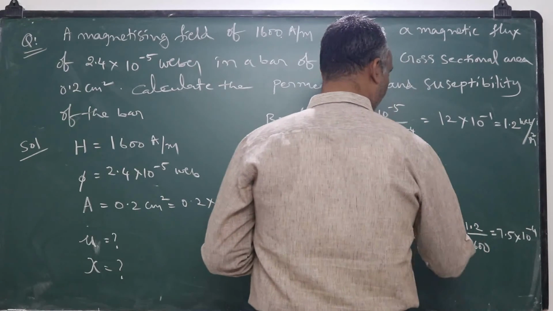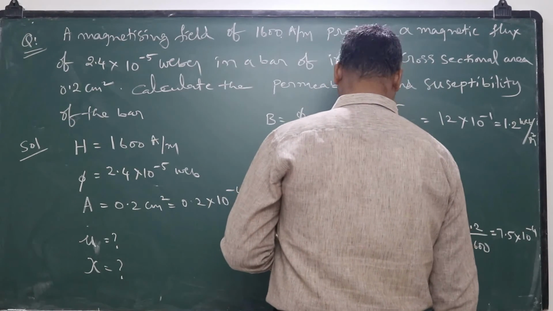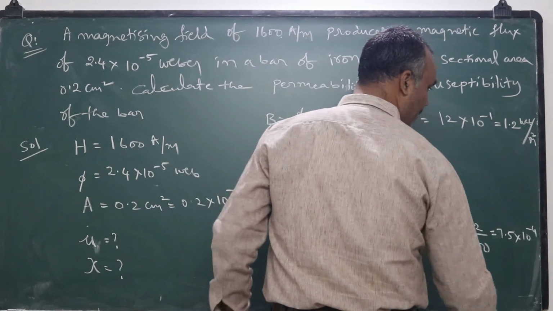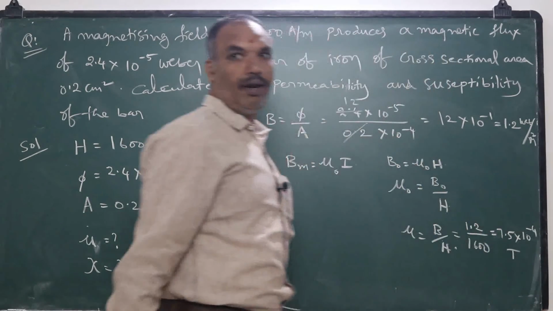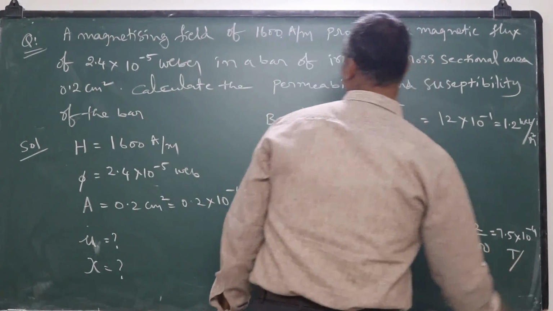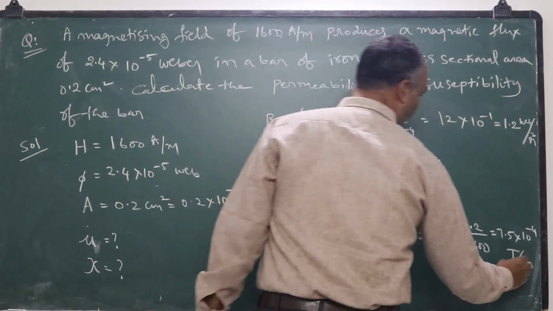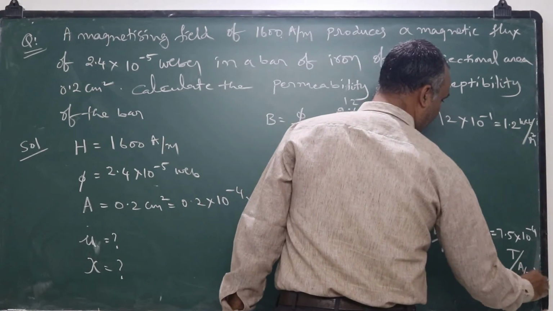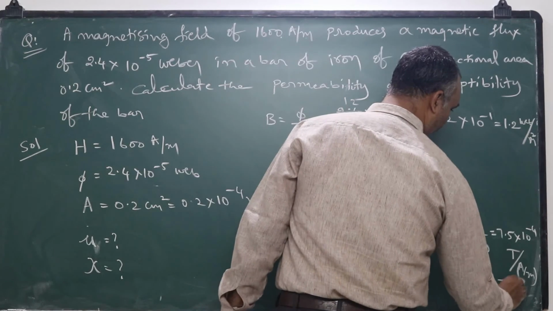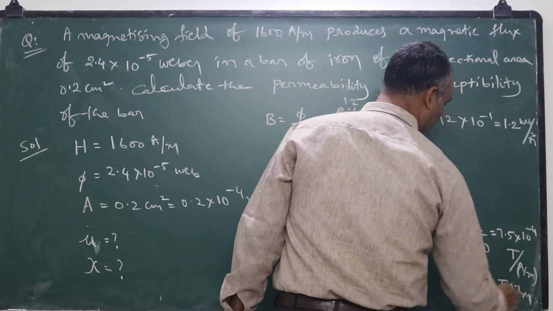If you see the units, Tesla per ampere meter. What are the units of H? Ampere per meter. So you can write Tesla ampere inverse meter as units.